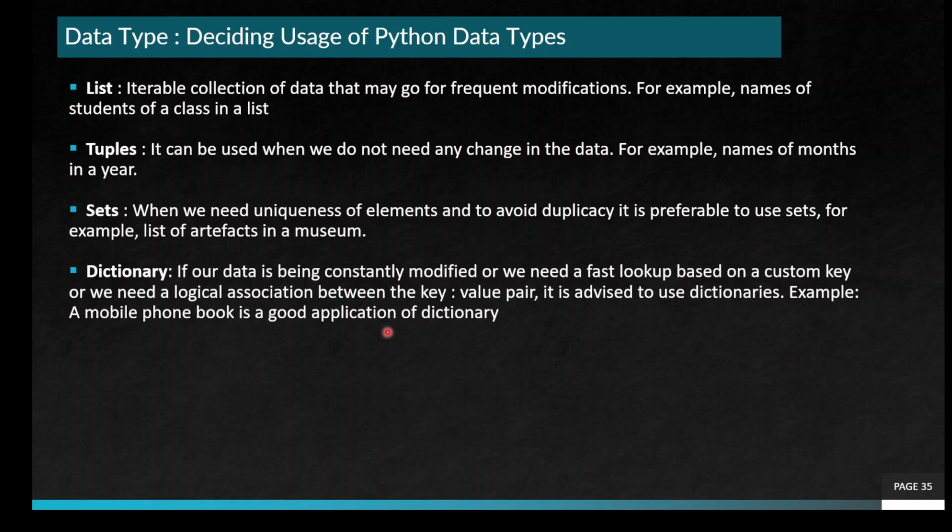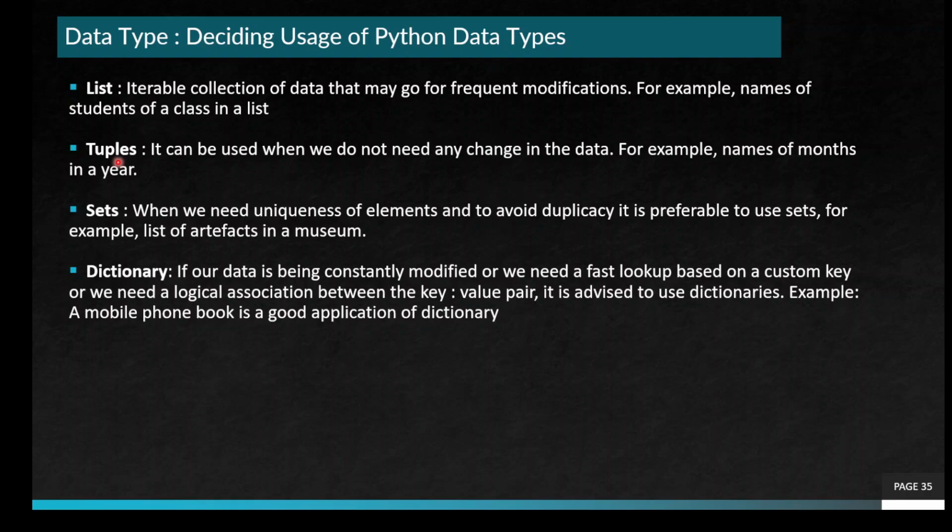If any new student registers with the class, the name must be added, and whenever any student leaves the class, it must be deleted. So it is mutable, and frequent modification is required. We must use a list for this type of data collection.